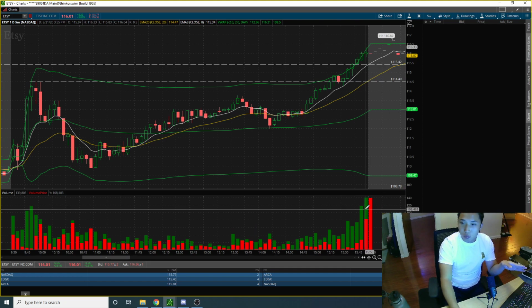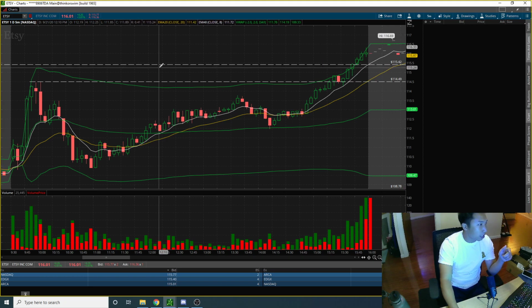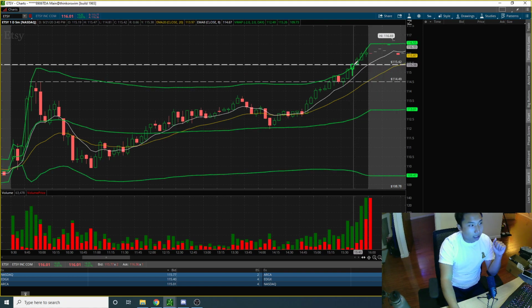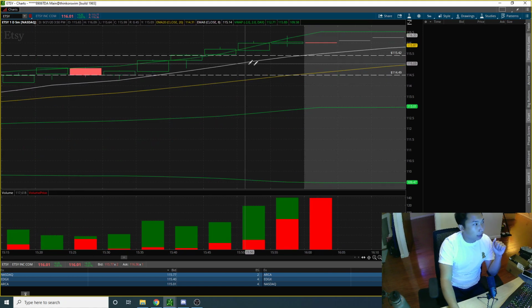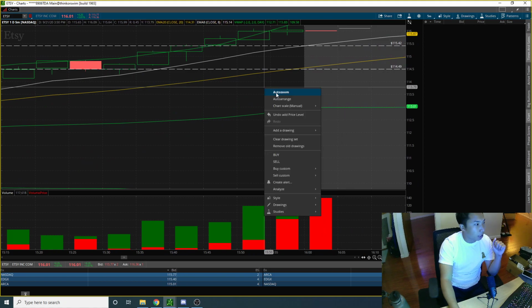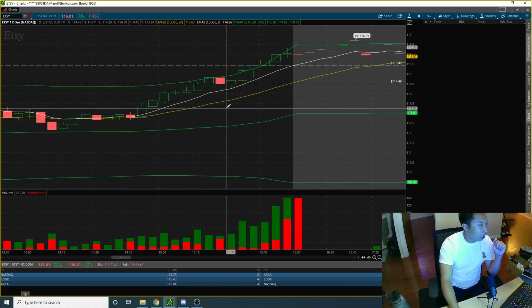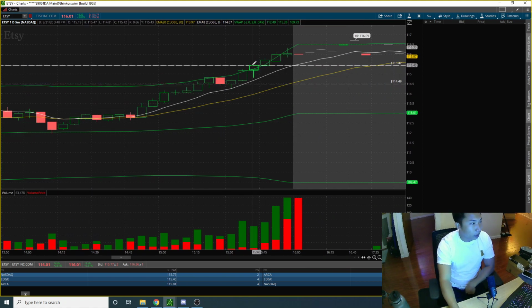The reason I decided to swing it was because, as you could see, this level that was plotted on the daily chart, we bypassed that. And look at how it worked out. We tested, and then we opened at that level and we closed above it.